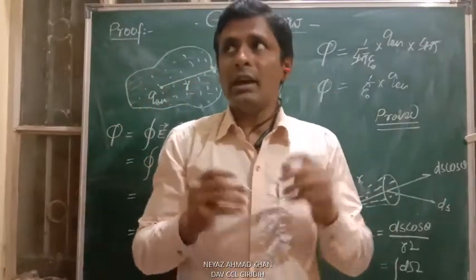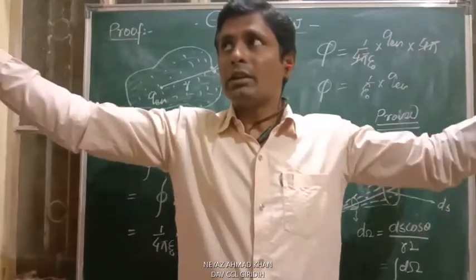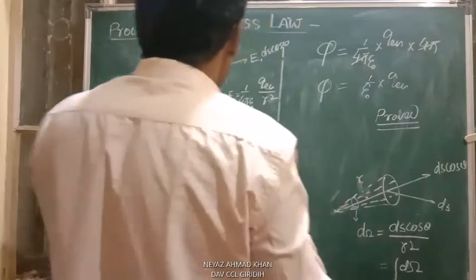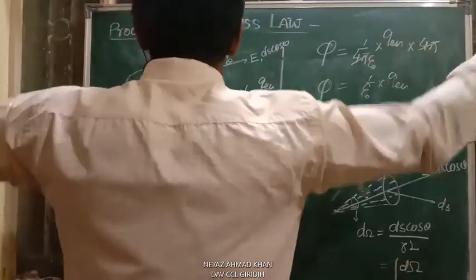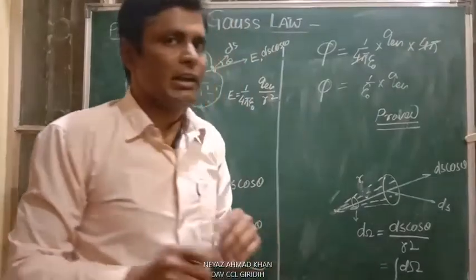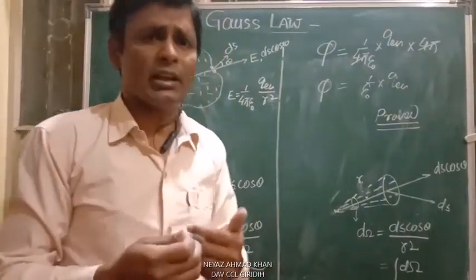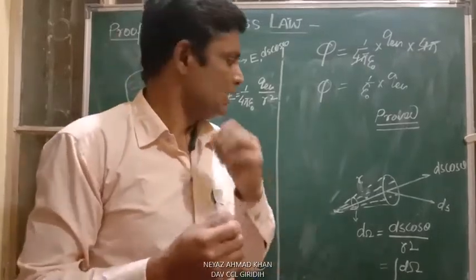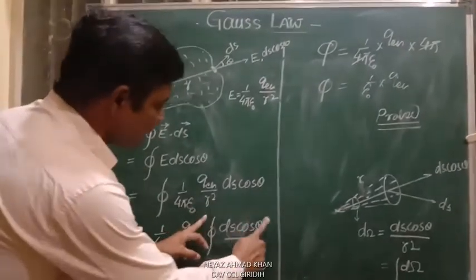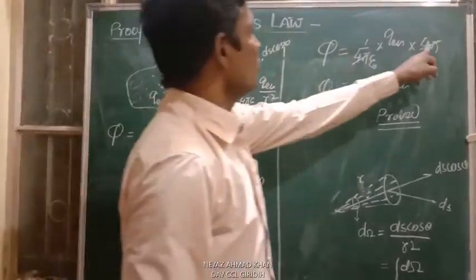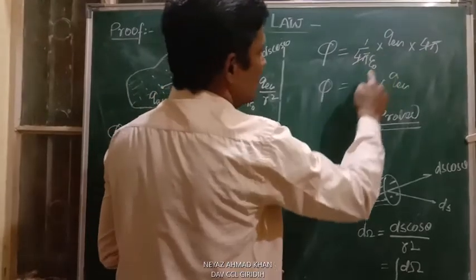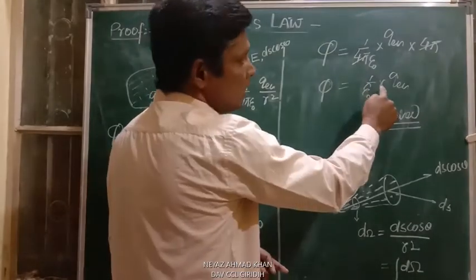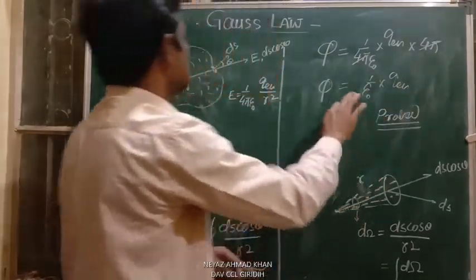If I look at the room, half of the room is making a 360 degree angle at my eyes, but when I turn around, again half of the room is making a 360 degree angle at my eyes. So for a closed body, any point within the body makes a total solid angle of 4 pi. So 4 pi cancels out, and finally we get the flux as 1 by epsilon naught times the Q enclosed. That's all.